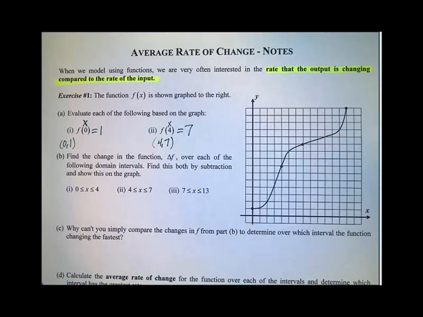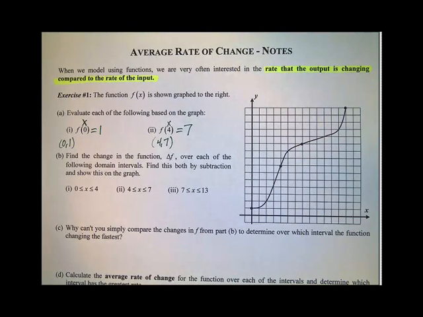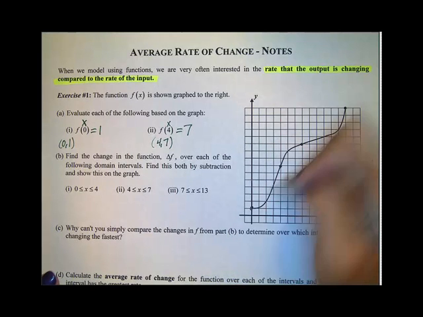Part B: find the change in the function, delta f, so that means change in f, over each of the following domain intervals. Find this both by subtraction and show it on the graph. The first one says 0 to 4. So here's 0, here's 4.